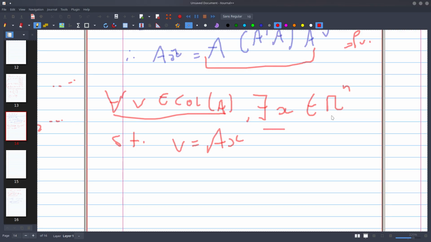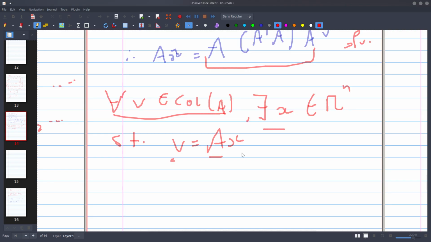Then yes, there exists a vector x such that b is equal to A times x. So you can take any linear combination of the columns of the matrix, and you'll be able to find an x such that there exists a linear combination of those basis vectors that can give you a vector inside of the column space.